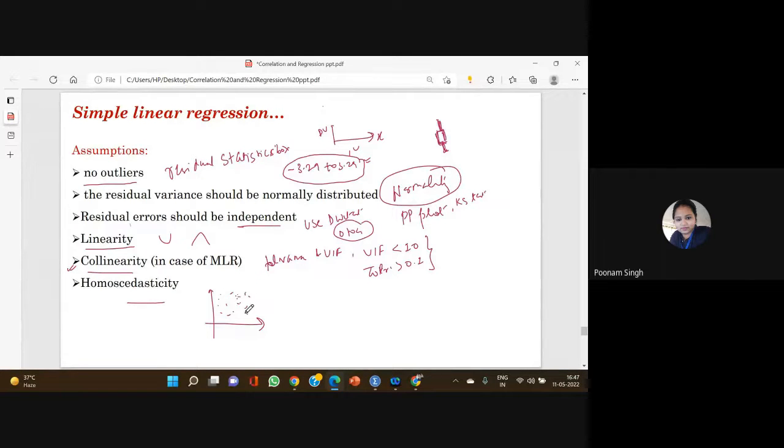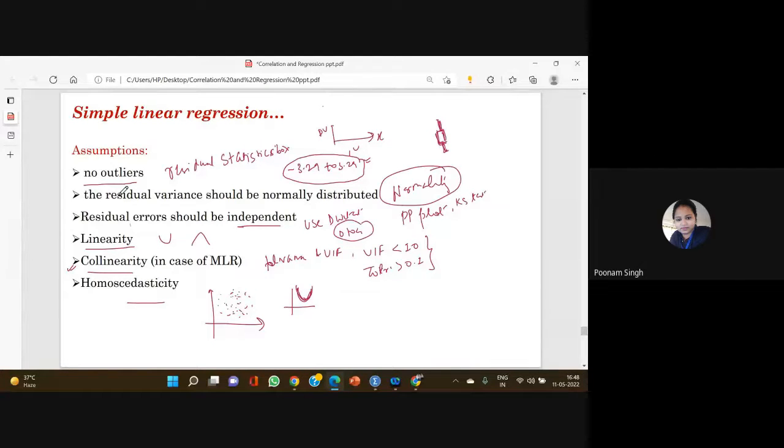They should be scattered over the axis. They should not be cone shaped or curved. If your plot shows heteroscedasticity, it means if it shows any type of curve or something like that, then transform the data.